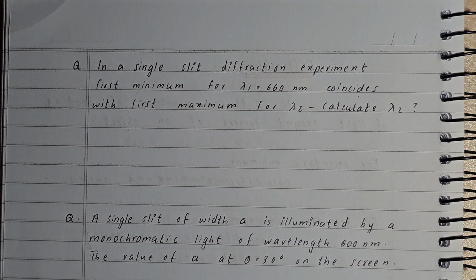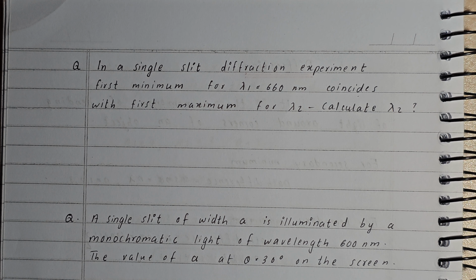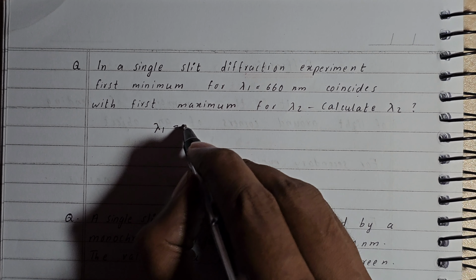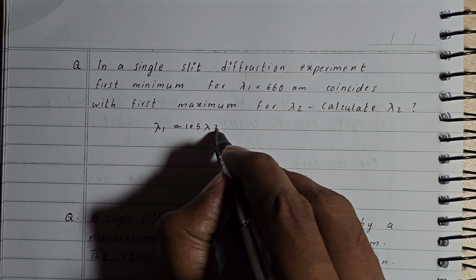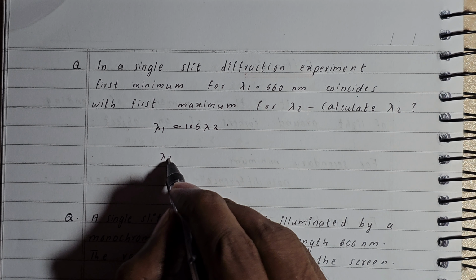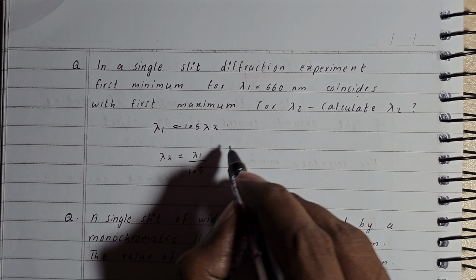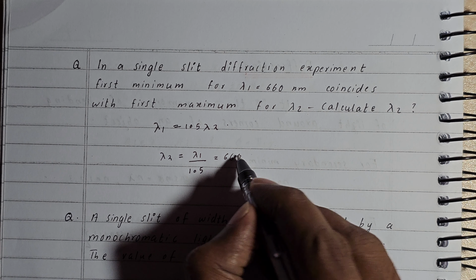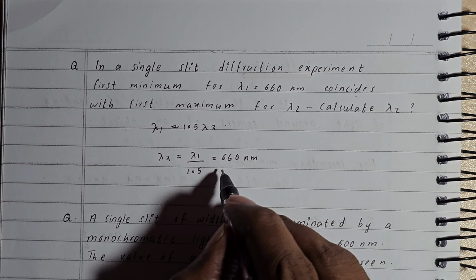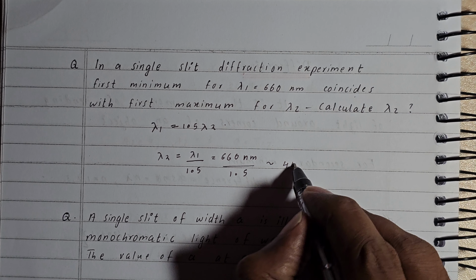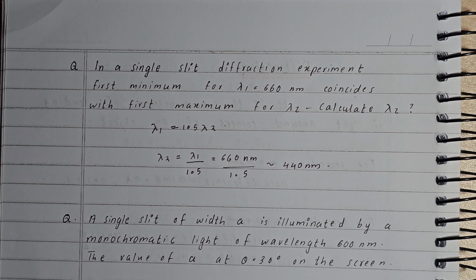So the equation is lambda 1 is equal to 1.5 lambda 2. So from this, lambda 2 is equal to lambda 1 upon 1.5, which is 660 nanometer divided by 1.5, approximately 440 nanometer.